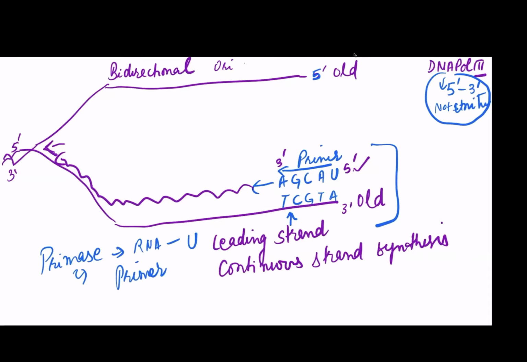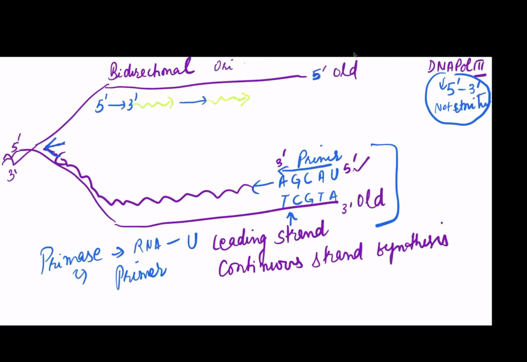So because this is opening in this direction, right? As it's opening, the direction is different. So 5' end is here and 3' end is here. So they start with a primer, and they opened it up. Then another primer and they opened it.